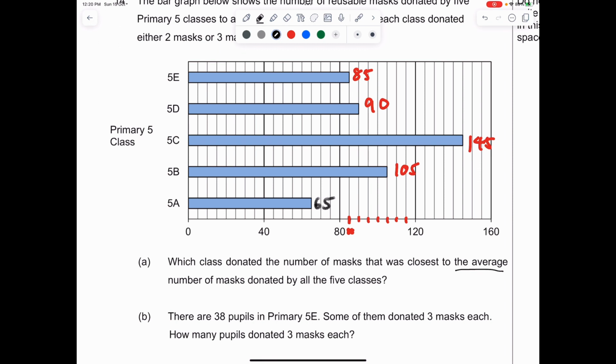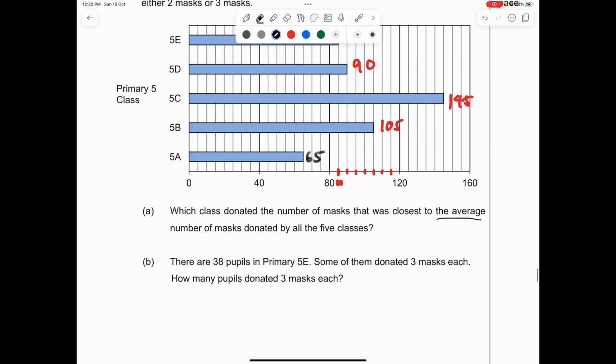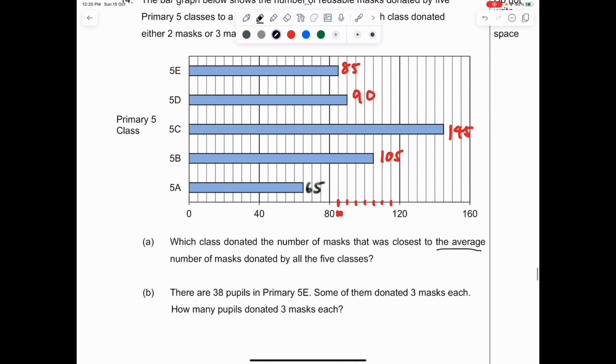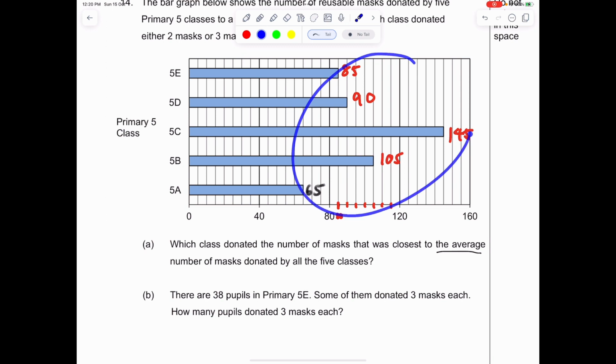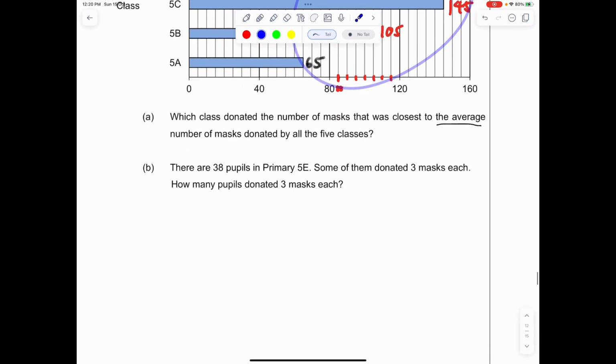So in total, we would be able to find out all this, right? Next, we are going to have to total up the amount of all these masks. So for A, it's going to be 65 plus 105 plus 145 plus 90 plus 85.